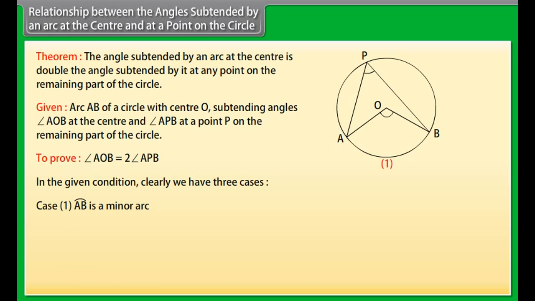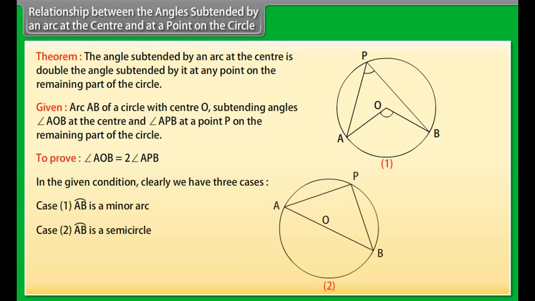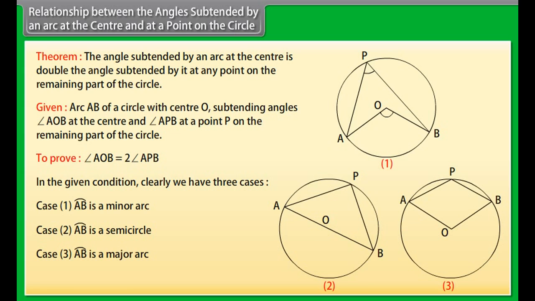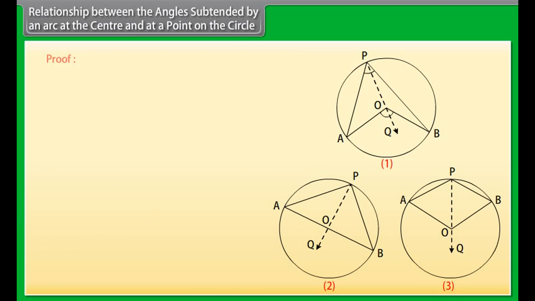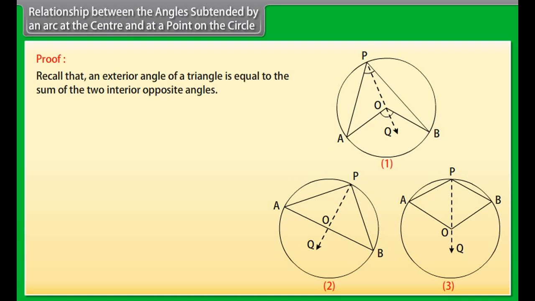Case 1, AB is a minor arc. Case 2, AB is a semicircle. Case 3, AB is a major arc. Construction. Join PO and extend it to a point Q. Proof. Recall that an exterior angle of a triangle is equal to the sum of the two interior opposite angles.